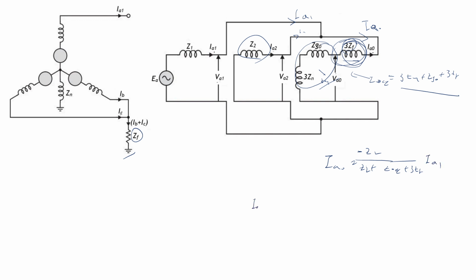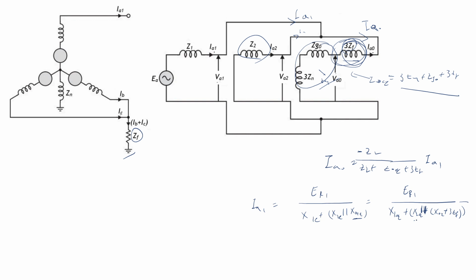Now what is IA1? IA1 is equal to ER1 by X1 plus X2 parallel with X0 equivalent. So here we again have the zero sequence network: ER1 by X1 equivalent plus X2 equivalent in parallel with X0 equivalent plus 3ZF, which I need to add here.